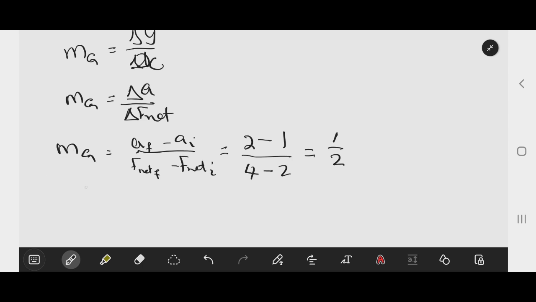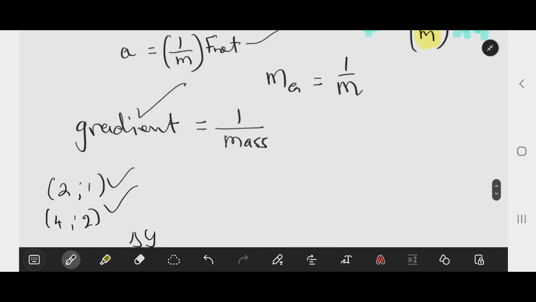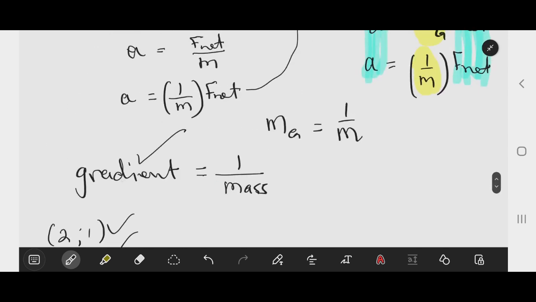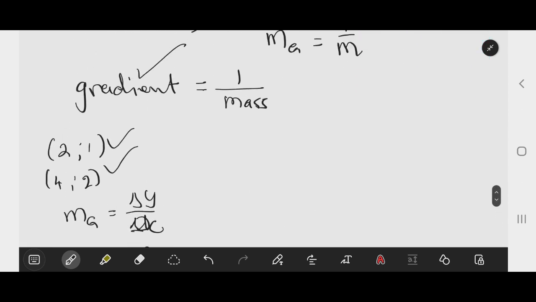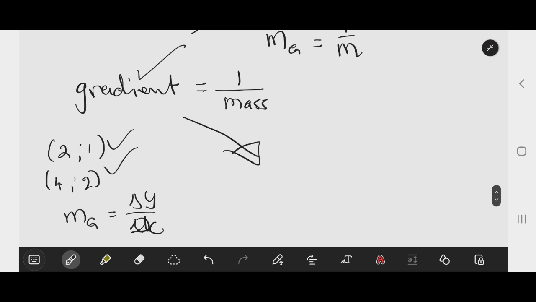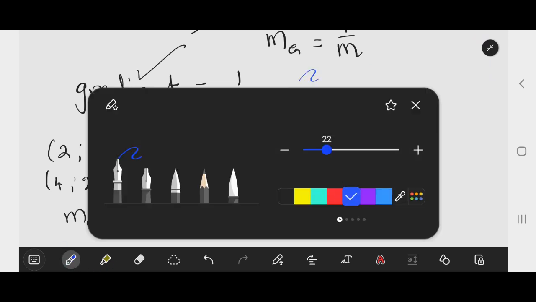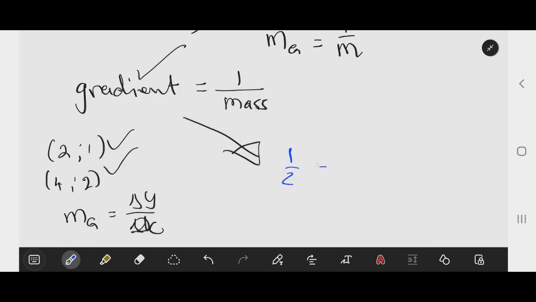So remember the gradient is equal to 1 over mass of the object. That is from our graphical analysis up here, right? So wherever we see the gradient, we substitute 1 over 2, right? So that would be 1 over 2, which is the gradient, and that is 1 over mass of the object, right?